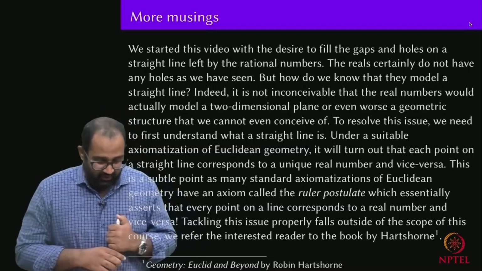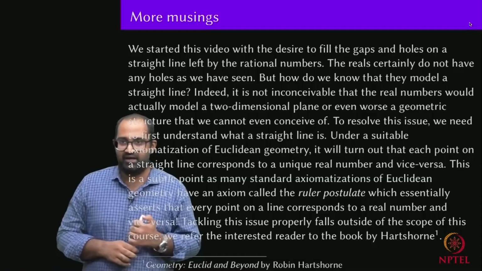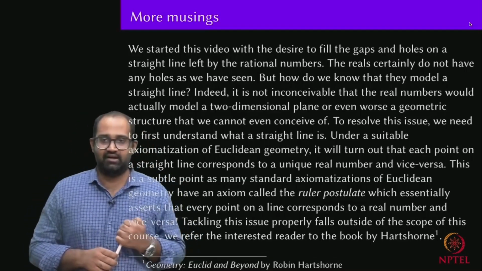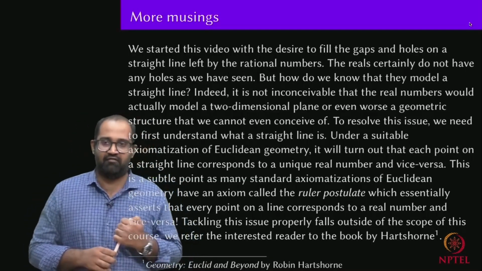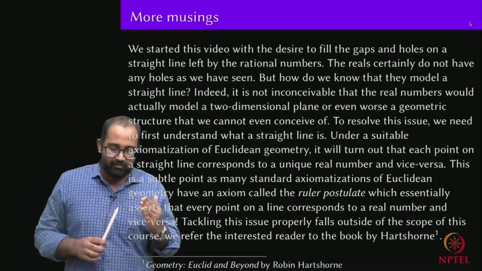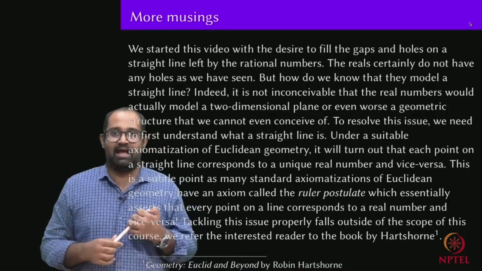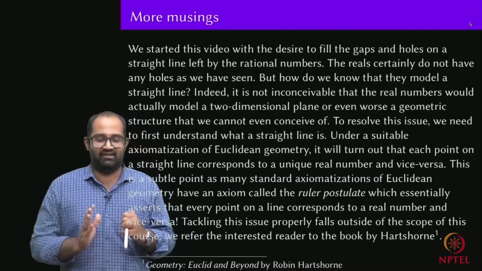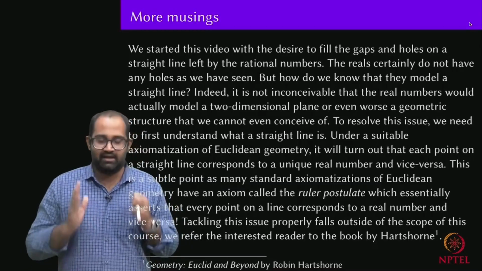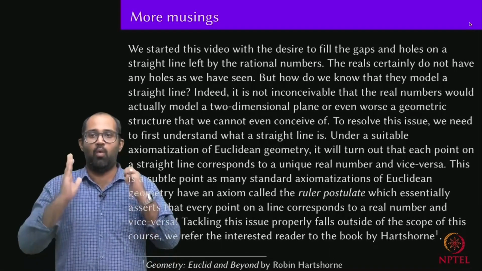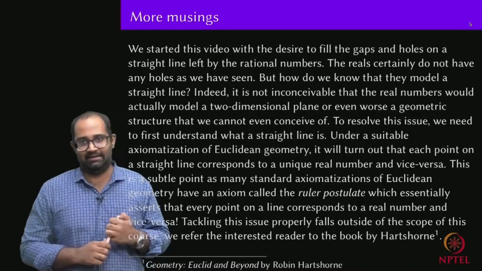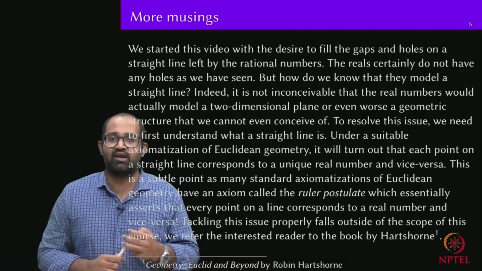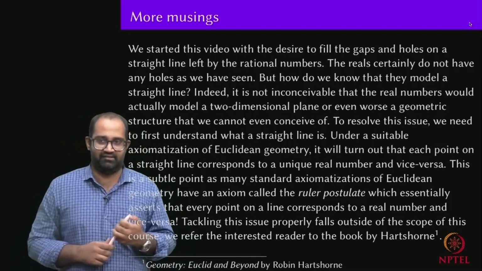Under a suitable axiomatization of Euclidean geometry, not the classical Euclidean one which is sort of very vague, you can suitably axiomatize what a line is in Euclidean geometry. In that suitable axiomatization, it will turn out that the real numbers correspond one-to-one to the line. Every point on the line will correspond to a unique real number and vice versa.